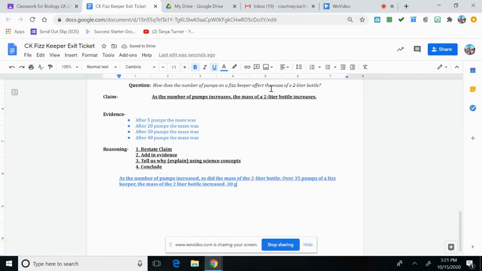I know that by taking the first data point and the last data point and subtracting the first from the last. Basically I subtracted the smallest number from the biggest number, and it comes out to be about 0.3 grams difference. So that gives you a number. It tells you that there was an increase, and it tells you by how much.